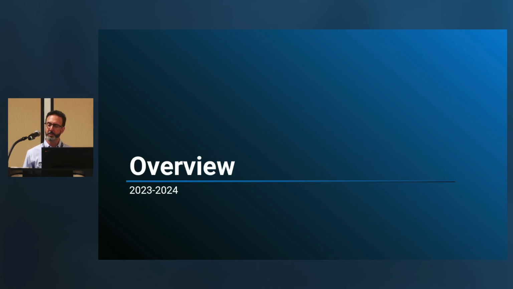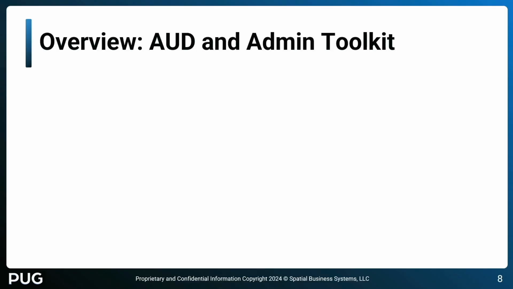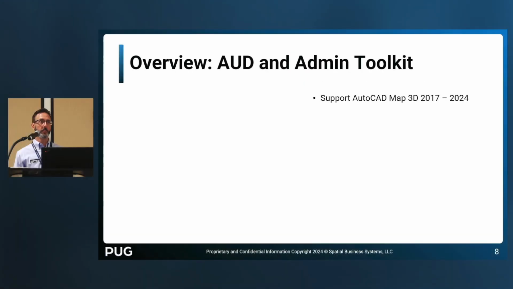So I'm going to go over a little bit of an overview of what that new functionality is in those updates. So we have support for MAP 2017 through 2024 currently. As we may talk, that's going to be changing. We're dropping some support for some of these earlier versions of MAP. I don't believe anybody here is still running on any of these earlier versions of MAP.